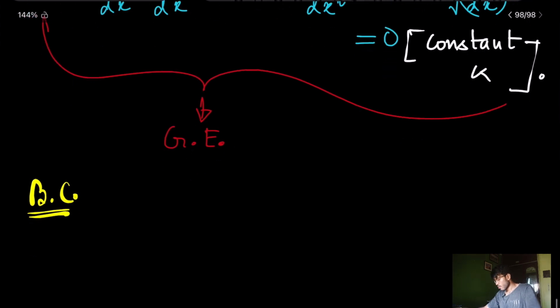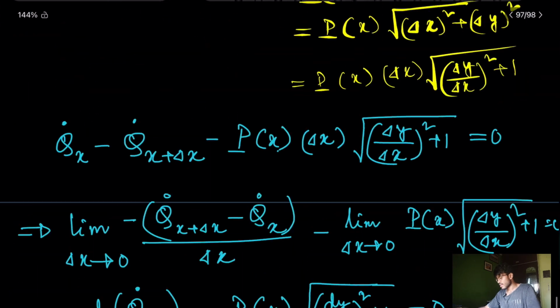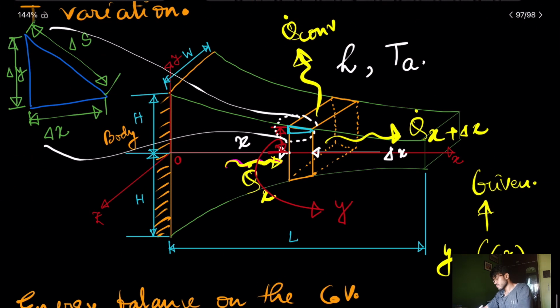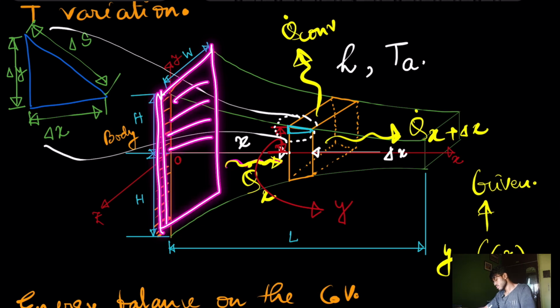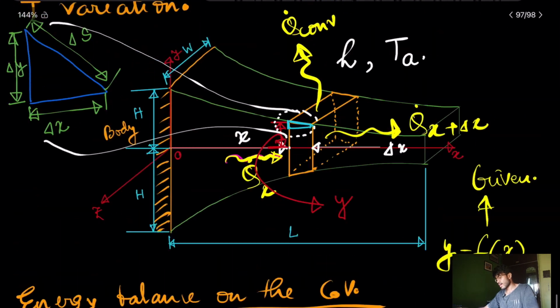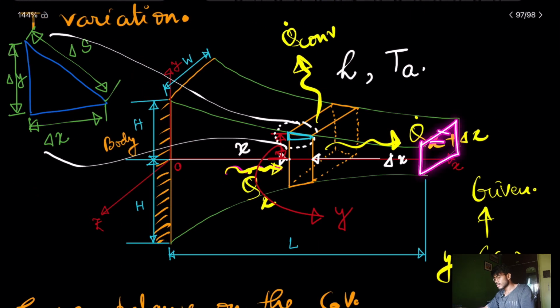One boundary condition is the temperature at the base, while you don't know the heat transfer at the base. Base means at x equal to 0. That is this part, the base of the fin, and this part is called the tip of the fin.